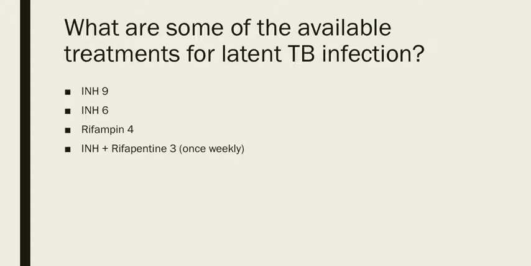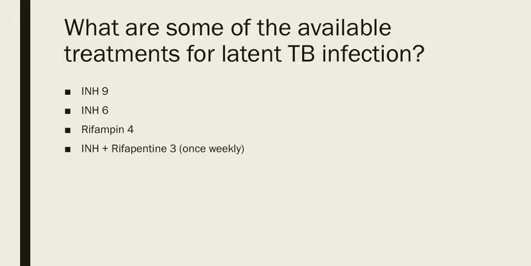And as I told you, whether we're going to give 9 months of isoniazid or 4 months of rifampin depends on the individual. Something that you might take into account is side effects. If the patient is believed to be consistent with the treatment, we can give him a long course.